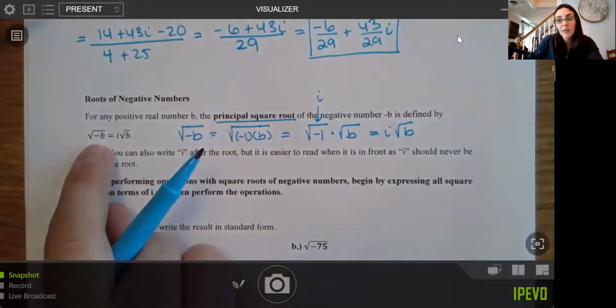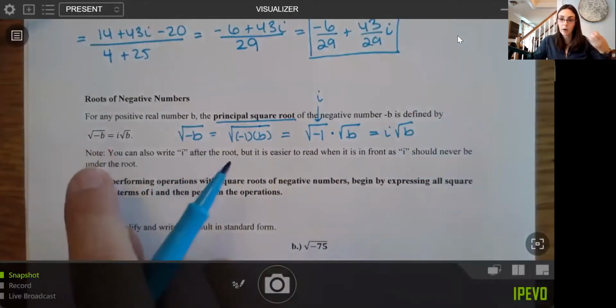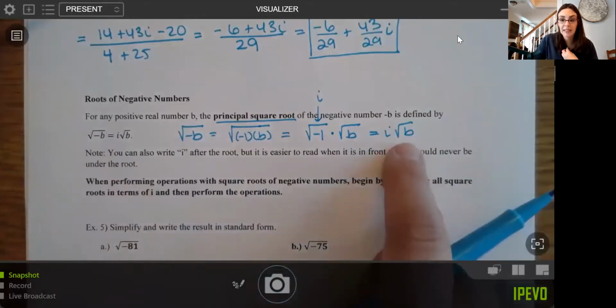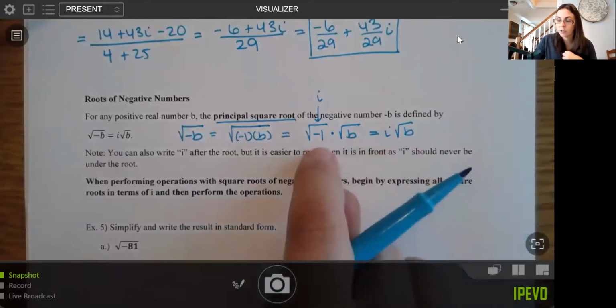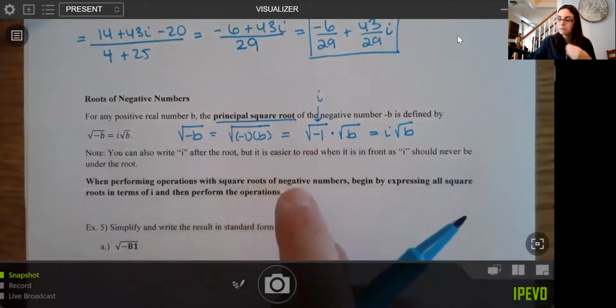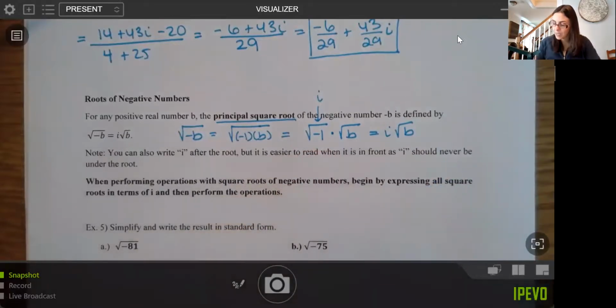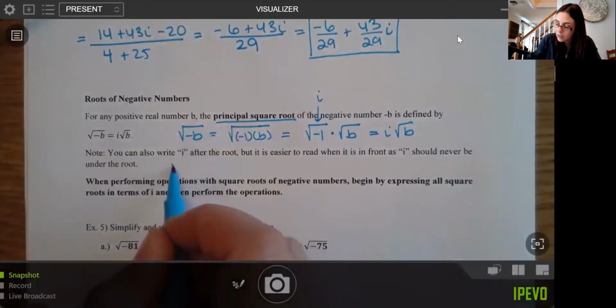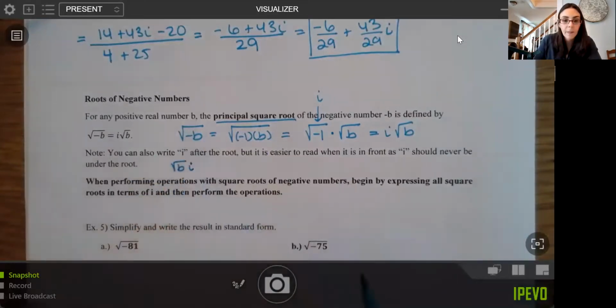When you see a negative inside the root, you can take that out and make that the imaginary unit i, and then you have the leftover part inside. So again, really what you're doing is taking out that square root of negative 1 to get the leftover. Now, one thing I want to note is you could also write the i after the root, like this, square root of b i.